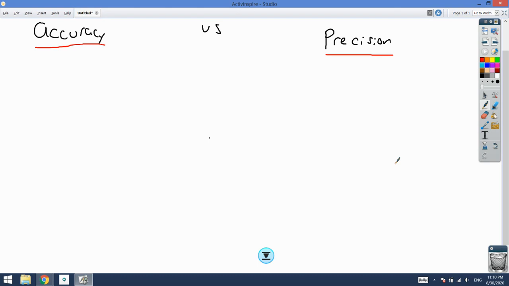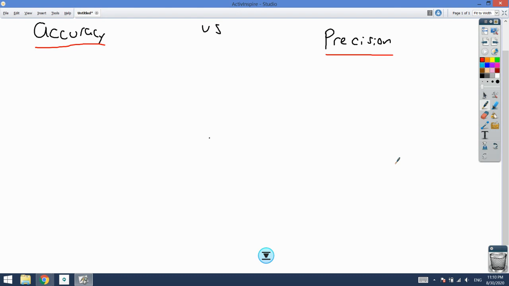So when using accuracy and precision, we use them in terms of scientific measurements, but an easier way to think about it is by using bullseyes and targets and stuff like that, because that's something that we can physically see and imagine more than how accurate or precise data measurements are.